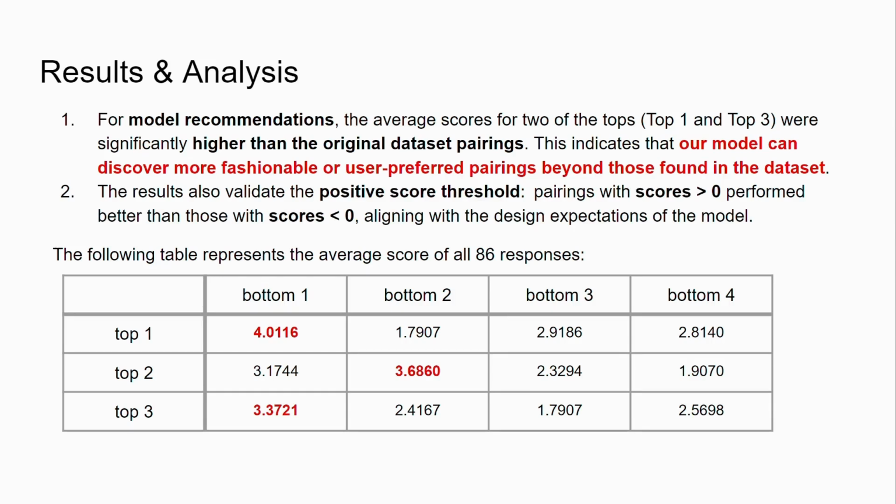Second, our model assigns a score to each top-bottom pair during inference. A positive score means a good match, and a negative score indicates a poor match. When we checked the survey results, this was confirmed. Outfits with scores above 0 were more liked by the participants, while those with negative scores were generally less preferred.